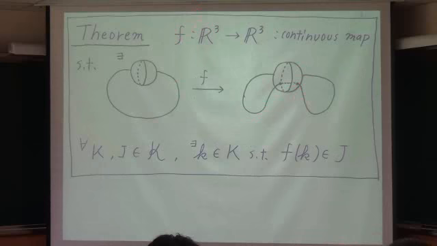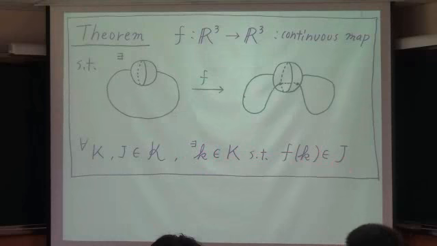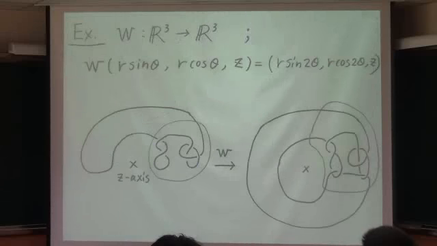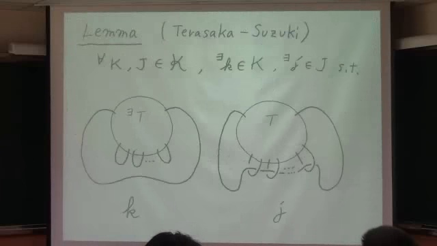So if F has some such local part, we can have the same result. It says that for any two knot types, the same statement holds: there is some k that after mapping by F represents J. The proof is easy if we use this lemma.